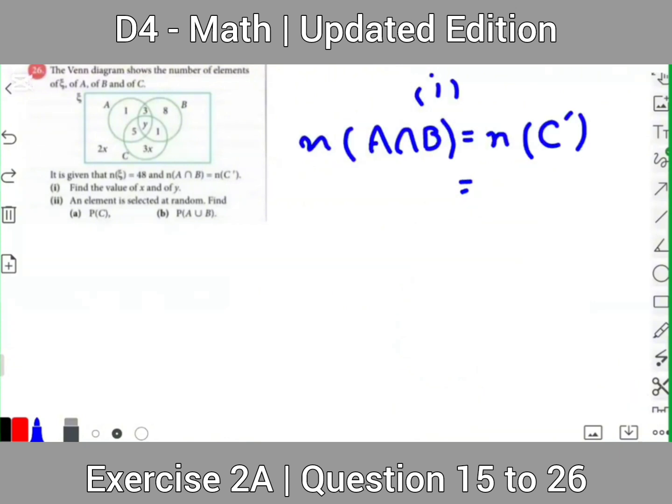Since we have the second equation given in the question, that n of A intersection B is equal to n of C complement, we can see that n of A intersection B is equal to 3 plus y, and n of C complement is equal to 2x plus 1 plus 3 plus 8.